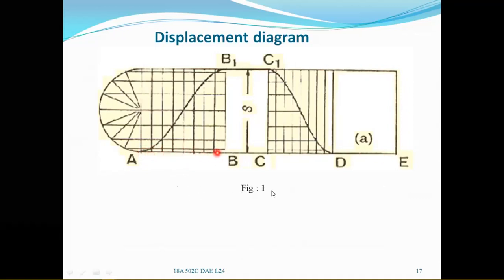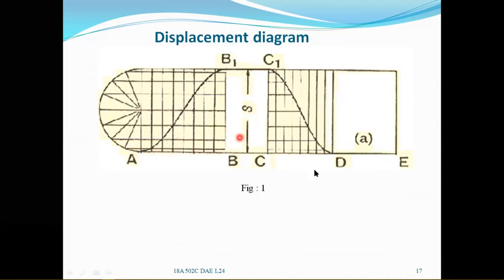That means A to B will be the outstroke, B to C is the dwell period, C to D will be the return stroke, and D to E will be the dwell period once again. So divide AB into an equal number of even parts, maybe 6 parts or 8 parts or 10 parts, whatever it is. Similarly, divide C to D, the return stroke, into the same number of equal parts, and project upwards from each part.